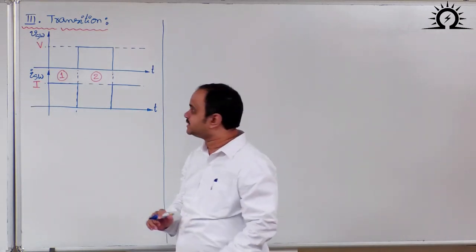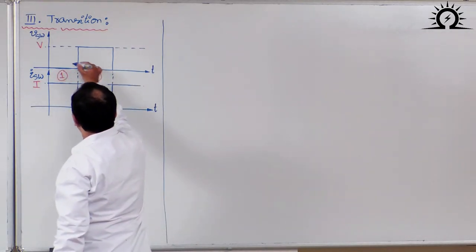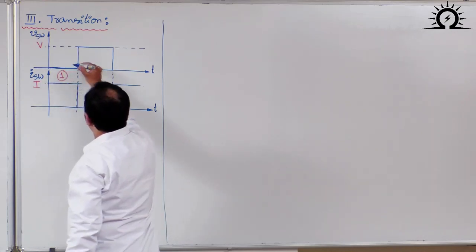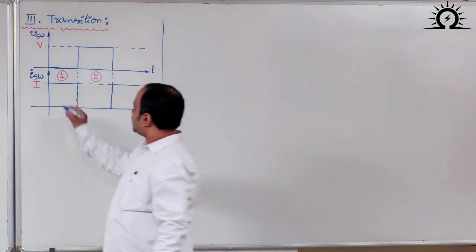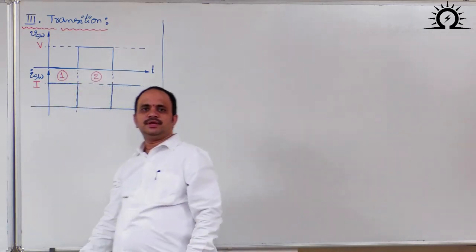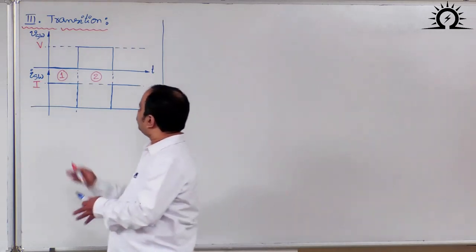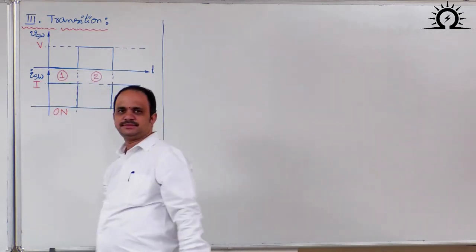On what basis can we say? In the first interval, voltage across the switch is 0. Current flowing through the switch is some finite value. Therefore, I can say the first state is an on state, isn't it?